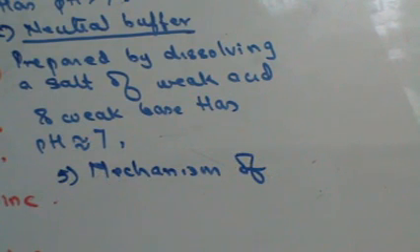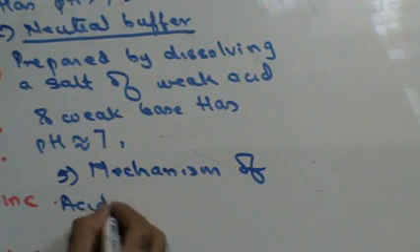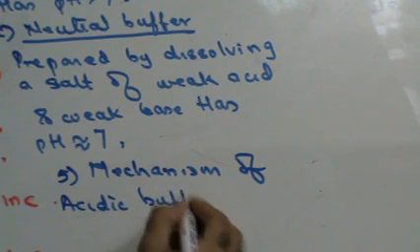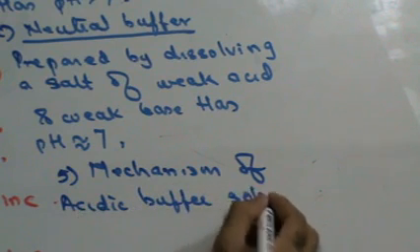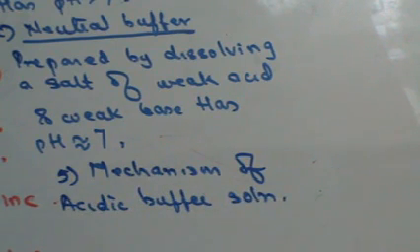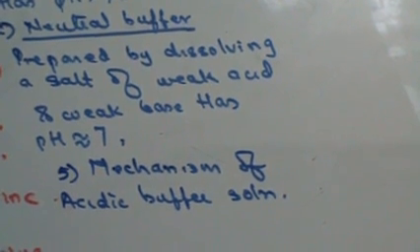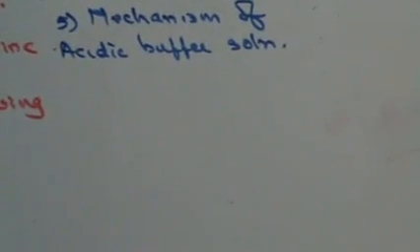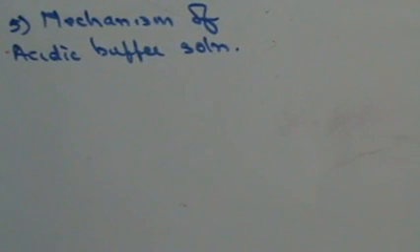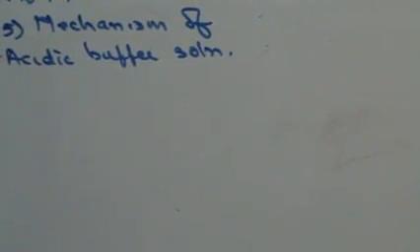First, let's consider an acidic buffer solution. Let's consider the mechanism of an acidic buffer solution. An acidic buffer solution, as I already told you, is prepared by mixing a weak acid with a salt of strong base.